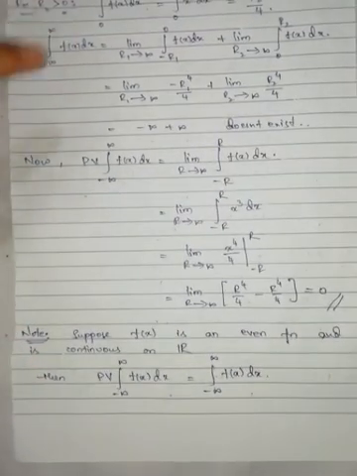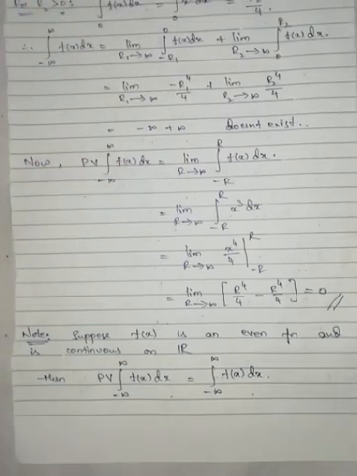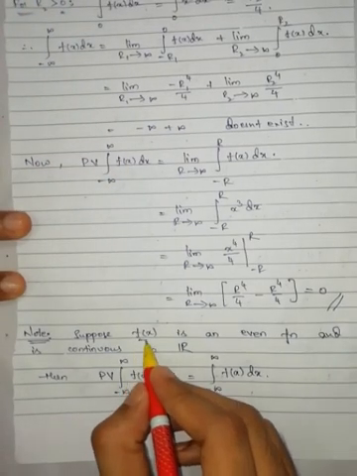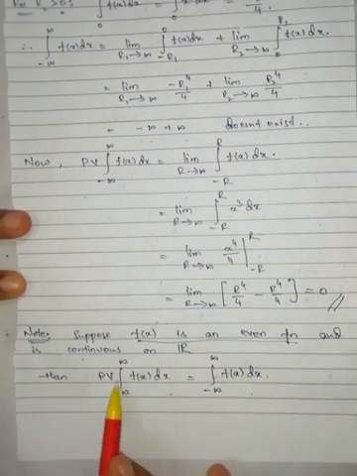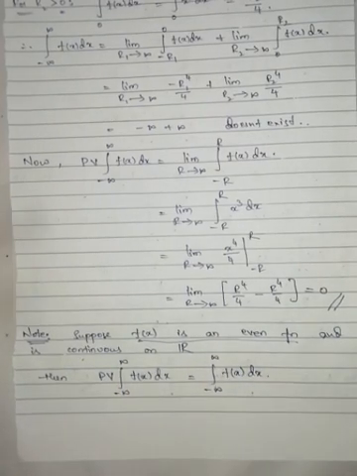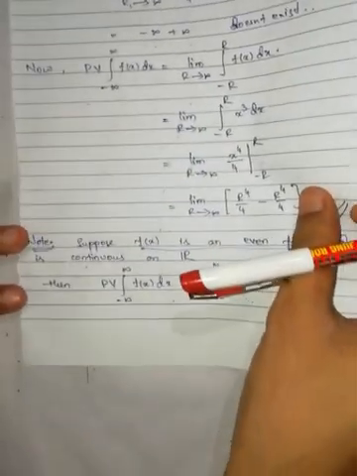Usually this one and this one both are not the same, but if f of x is an even function and is continuous, then the principal value of the improper integral and the improper integral both are the same.